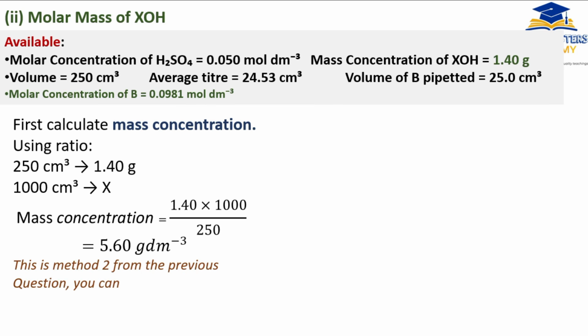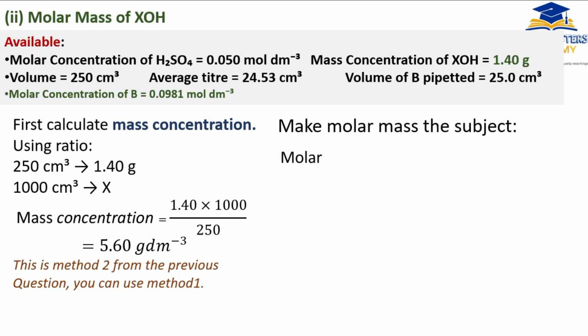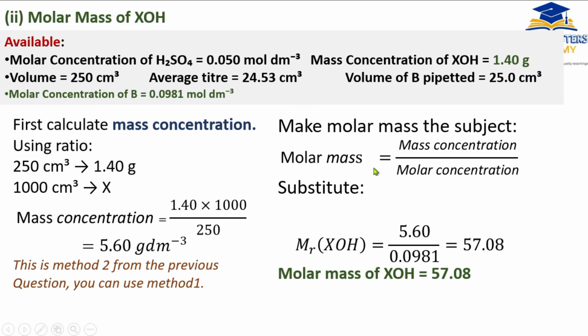Now, in order to get the molar mass of XOH, where our unknown is X, we need to now get the mass concentration. Why? Because we're about to use the formula that we know, just that this now is the subject. We're just going round and round. So when you ask the question, you try to look at your parameters.